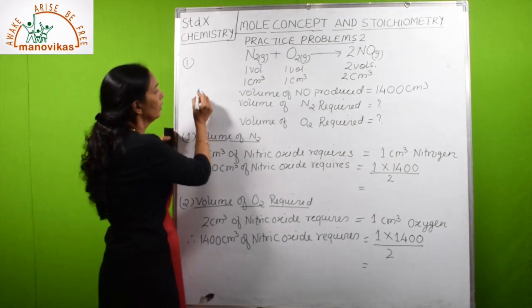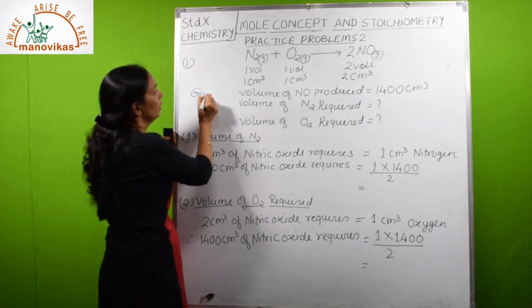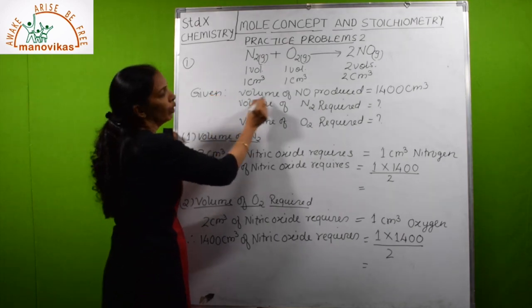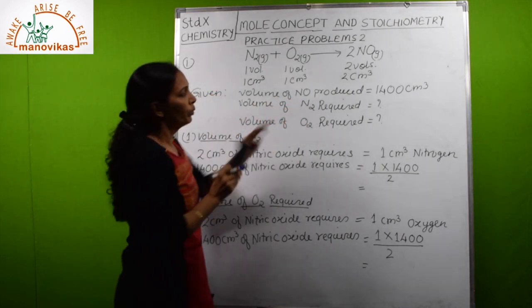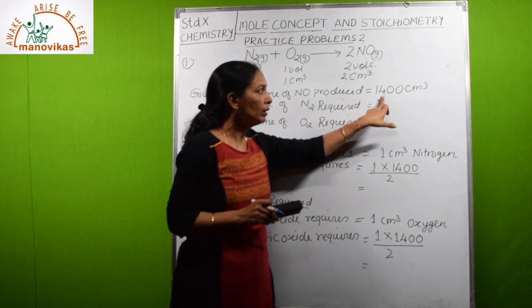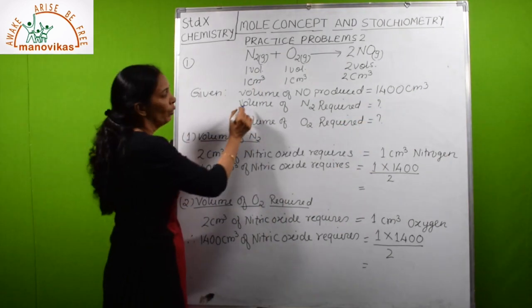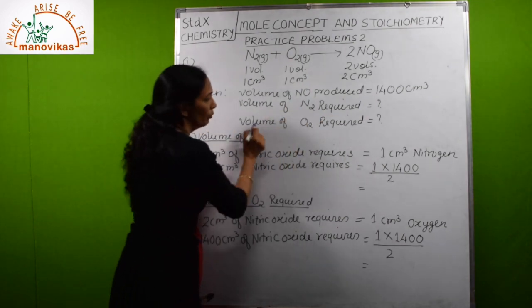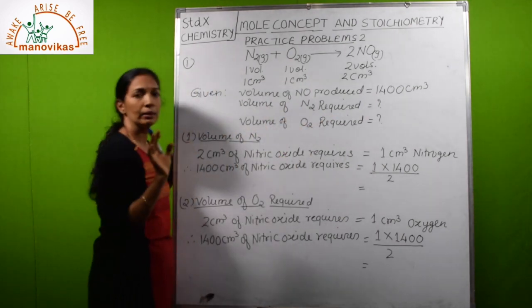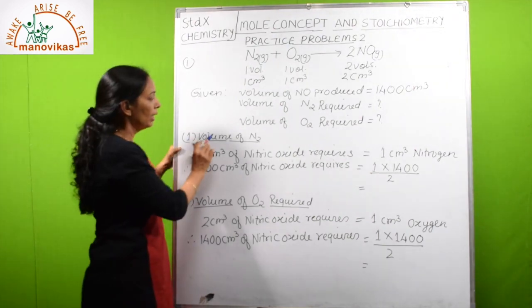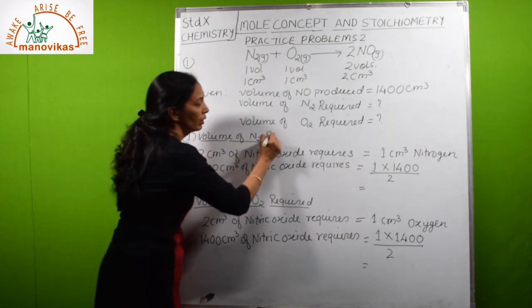So let us write what is given. Given is the volume of nitric oxide produced, 1400 cubic centimeter. And what is your task? Volume of nitrogen required and volume of oxygen required. These are the two questions. So let us start with the volume of nitrogen required.